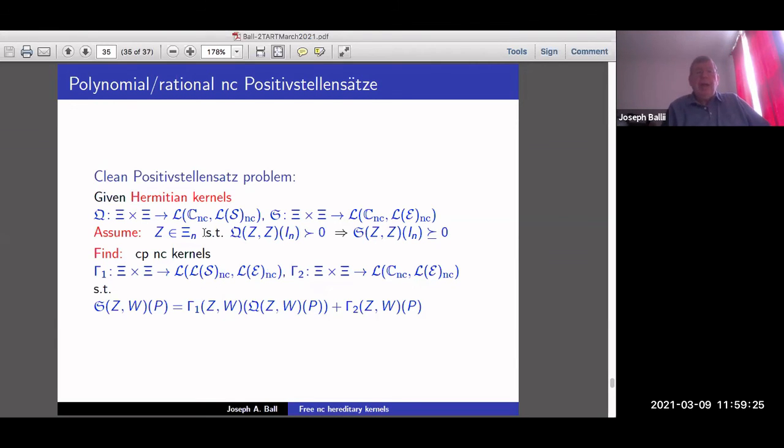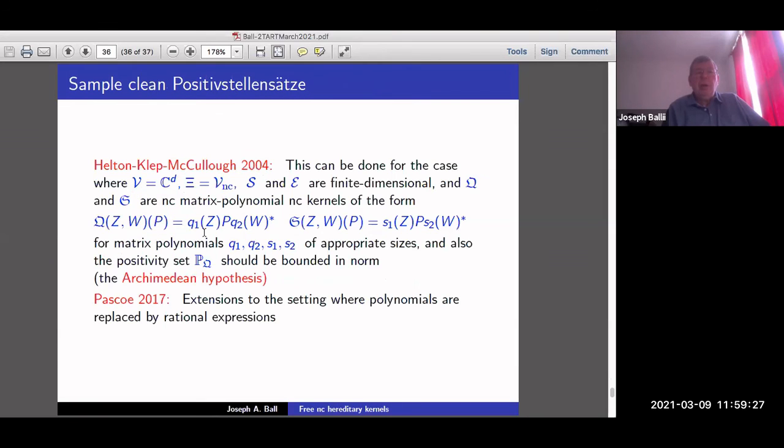And this fits into the framework of non-commutative positive Stellensatz, Helton, Klep, McCullough, where you have to assume Q and S are matrix polynomial non-commutative kernels of such a form. And the positivity set should be bounded in the norm.